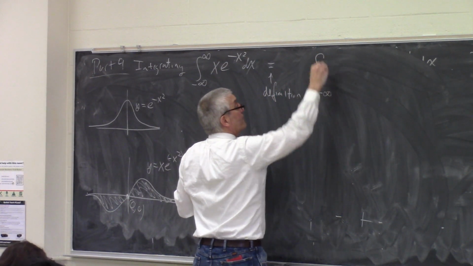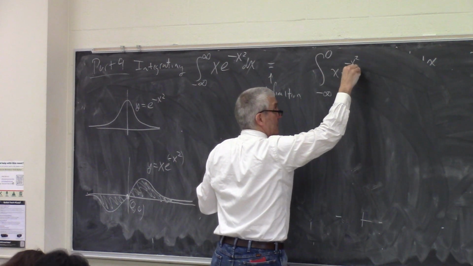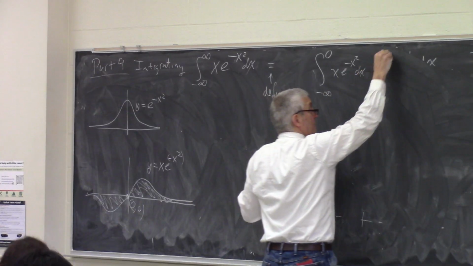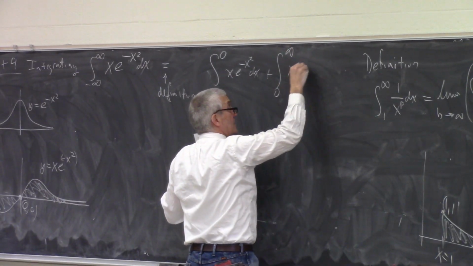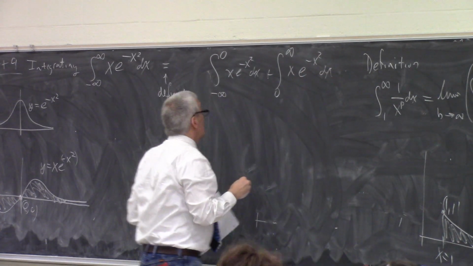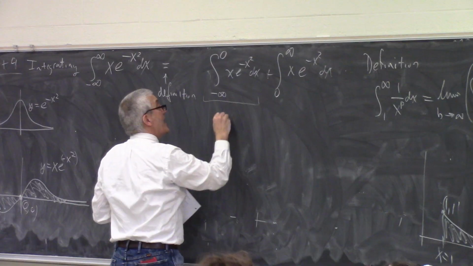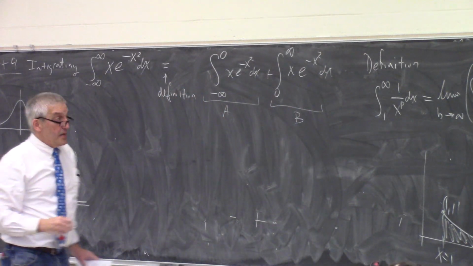We go from minus infinity to 0, plus we integrate from 0 to infinity, x e to the minus x squared. So let's call this integral A, and let's call this integral B. Let's work on B.